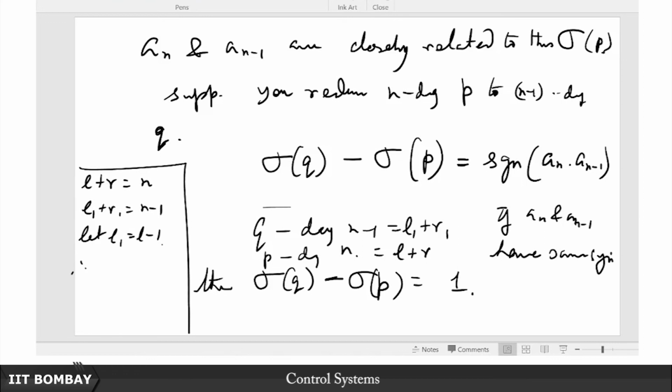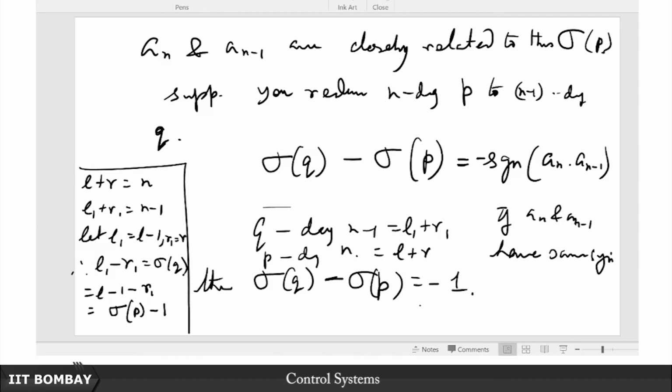Therefore L1 minus R1 is equal to L minus 1 minus R1, but R1 is then equal to R. So this is basically sigma p minus 1 is equal to sigma q. So sigma q minus sigma p should be minus 1, sorry about that. Please check if I am making a mistake.